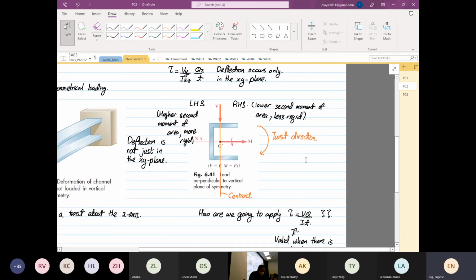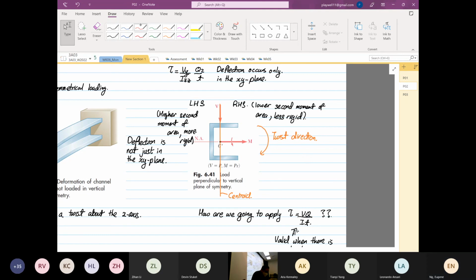If we have a twist, the only way to untwist this is to apply Newton's third law. Right? Newton's third law is action equal to reaction. Same in magnitude, but in different direction.